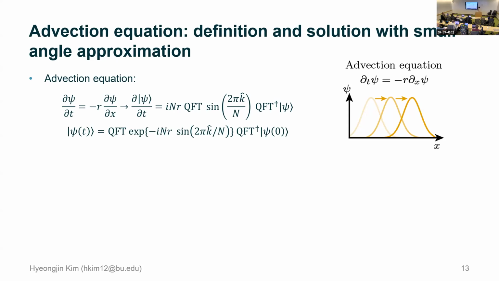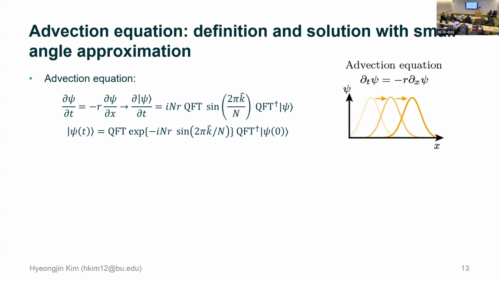So the solution to this PDE is that the function at time t, as a state, is exactly represented by this equation here, once you have the initial state psi of 0.